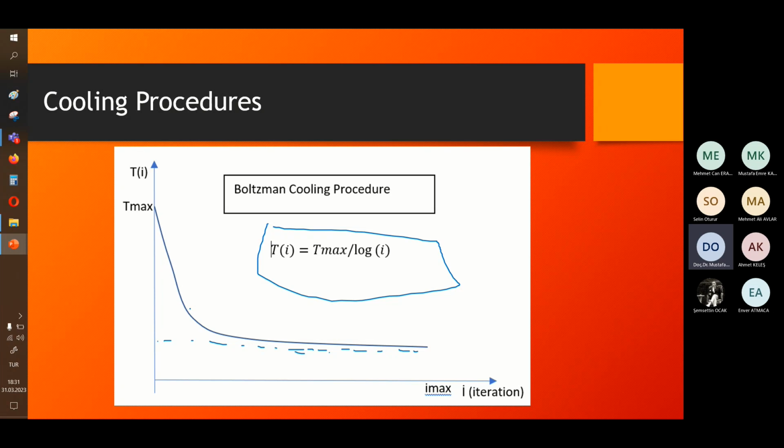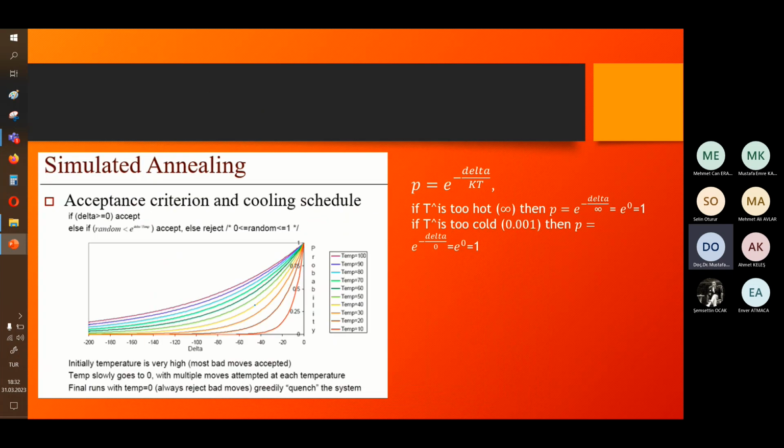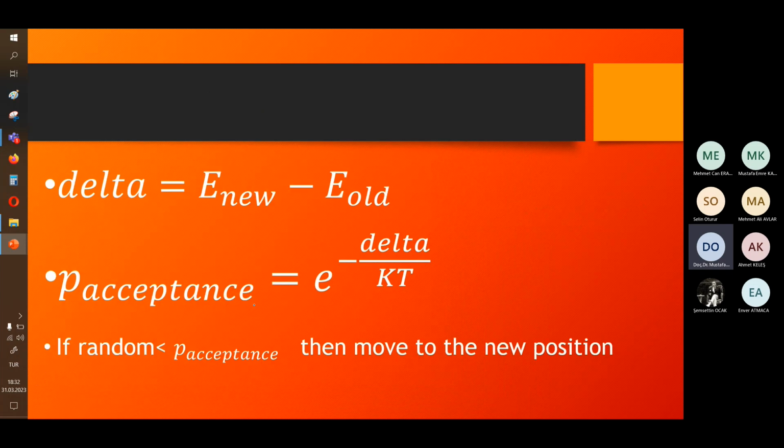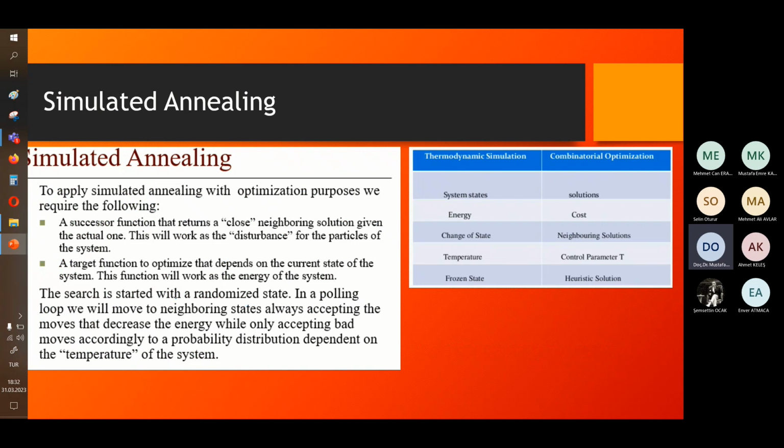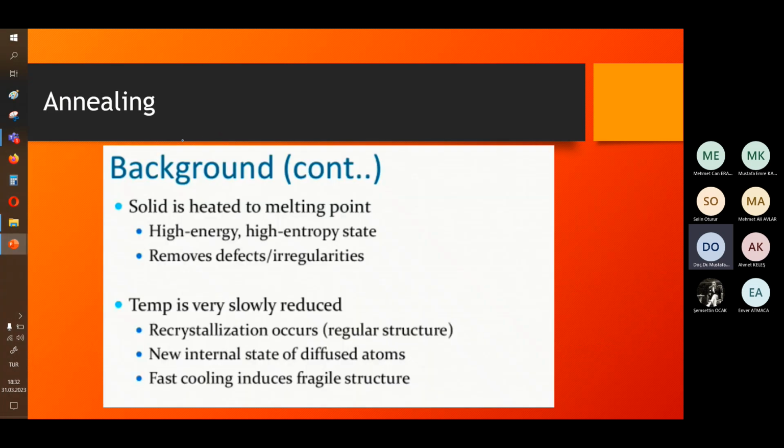In this way, at the beginning, we will accept even solutions that are worse than the current solution, and we will say that the atoms are moving freely. Then we will not let bad solutions be accepted in the higher iterations. Okay, so Selin's idea will be integrated with the help of the temperature value. And also, let me show you how we will do this.